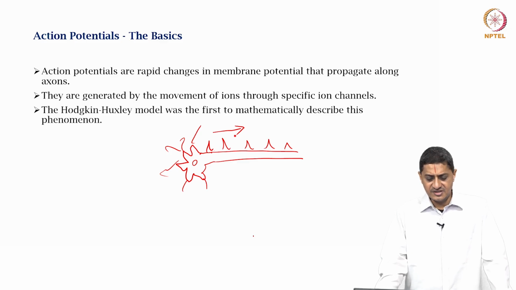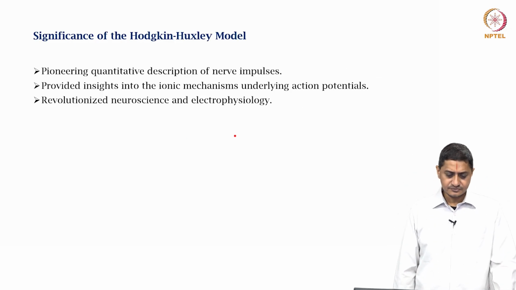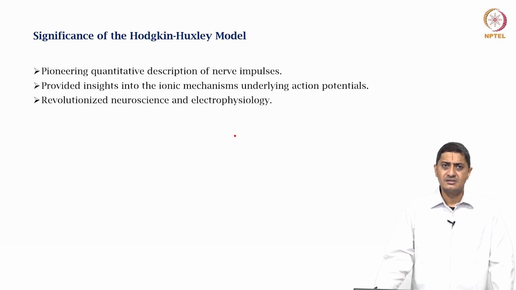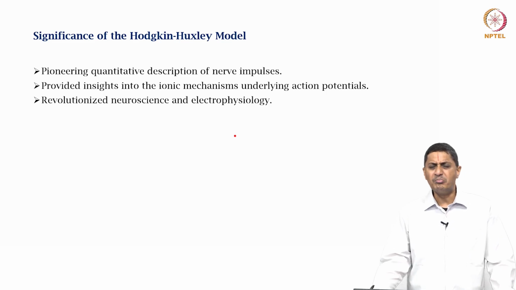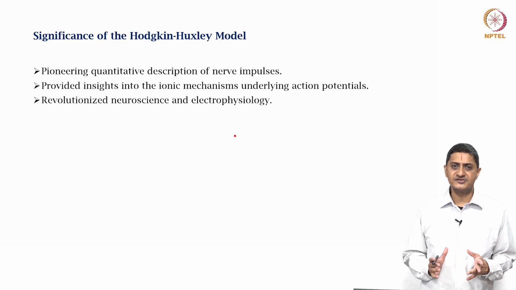A quantitative description of this phenomenon was first provided by Hodgkin and Huxley. Essentially, the contribution is providing a quantitative description of the transmission of neuronal impulses, and it provided insights into the mechanisms by which this transmission happens, and completely revolutionized the field of neuroscience and electrophysiology.